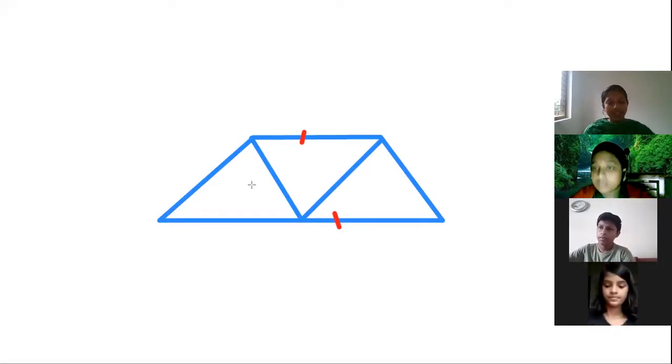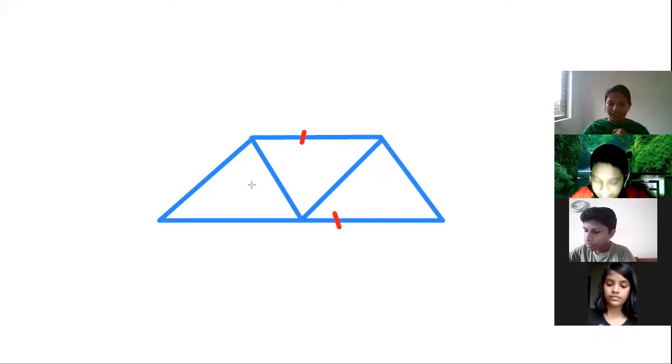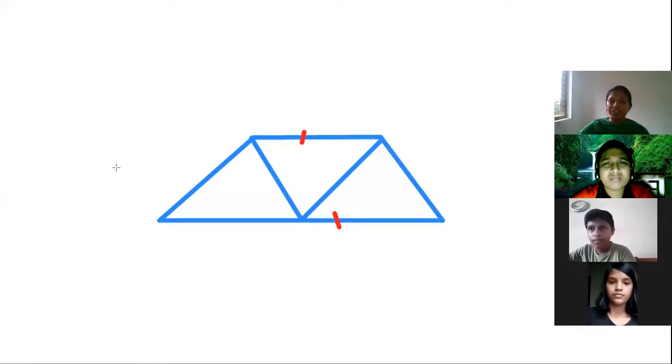Then what about the next one? You can get 2 more trapeziums using the same set of triangles. Find them out and discuss their shapes. Using these same triangles, how will you form another 2 trapeziums? By interchanging the position of these 3 triangles.